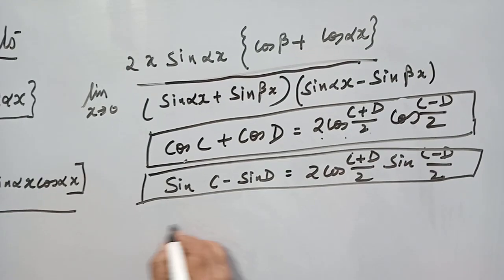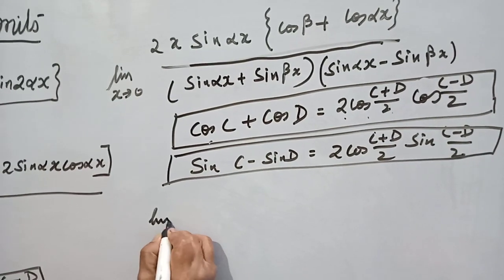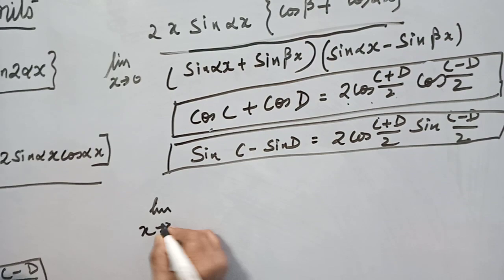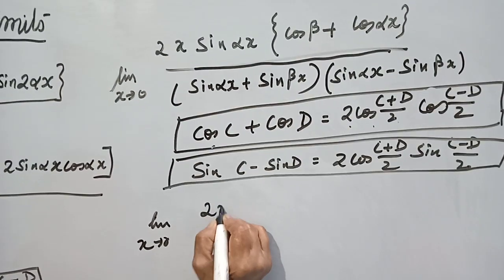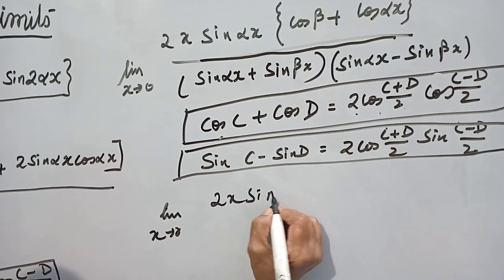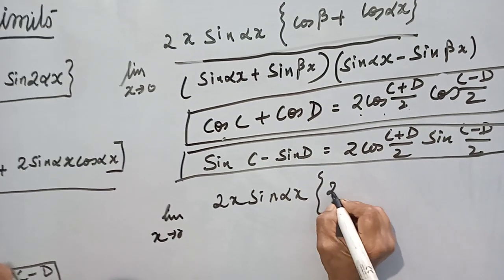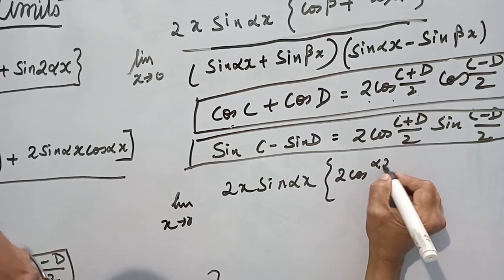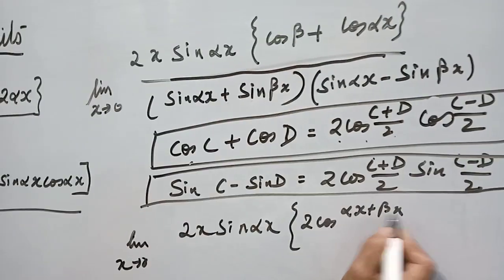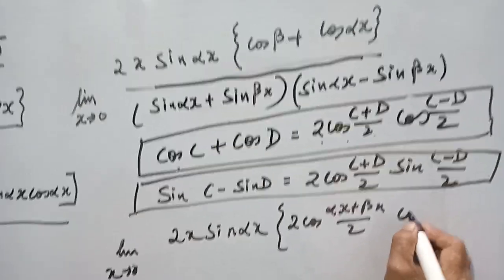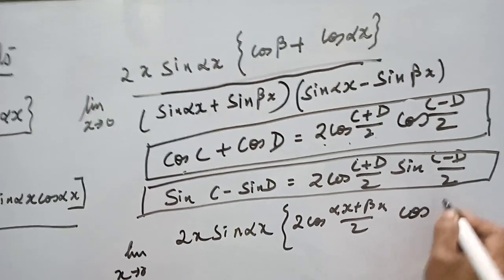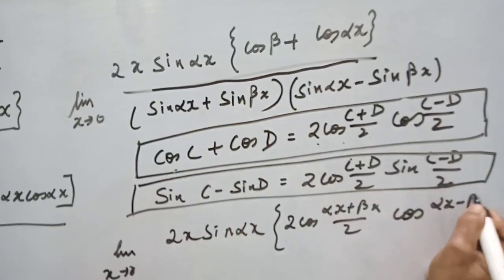Now right here, this is 2x sin alpha x, into 2 cos (alpha x plus beta x) by 2 into cos (alpha x minus beta x) by 2.